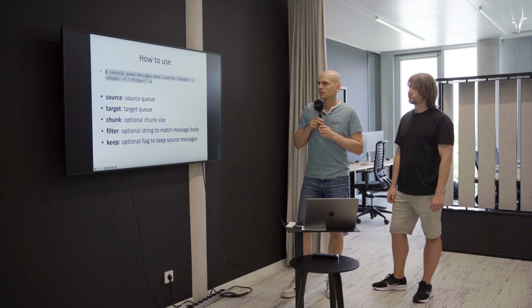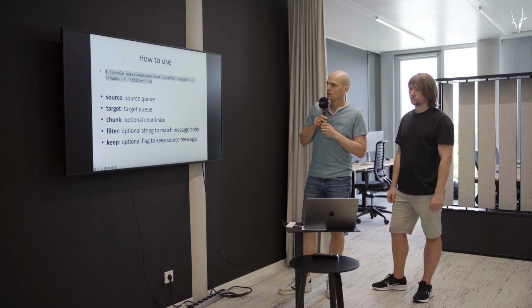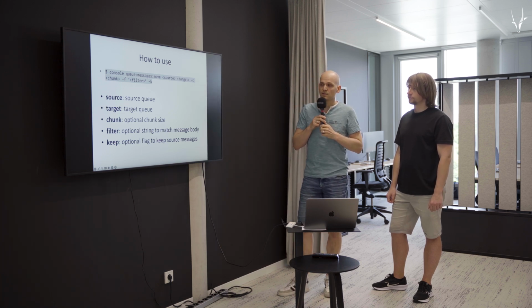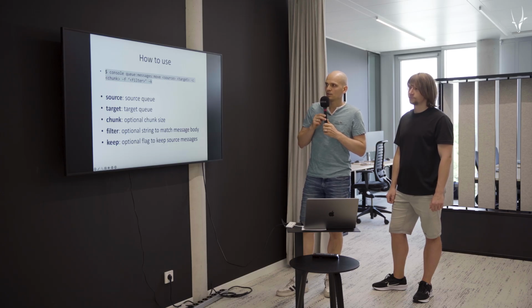These 2 things are required, the source and target queue. Optional is the chunk size that you can define. Also optional is a filter. Right now it's a string filter, so it looks in the body of the message. If it matches a string that you add in the filter, then only this message will be moved to the other queue.